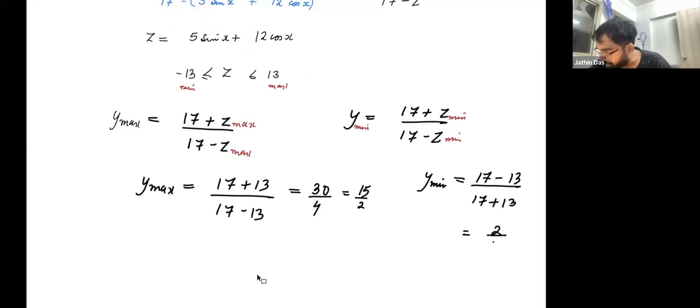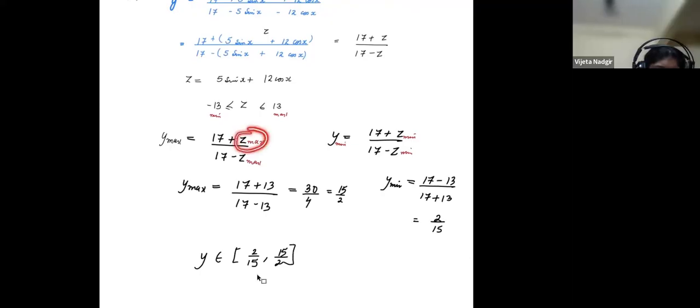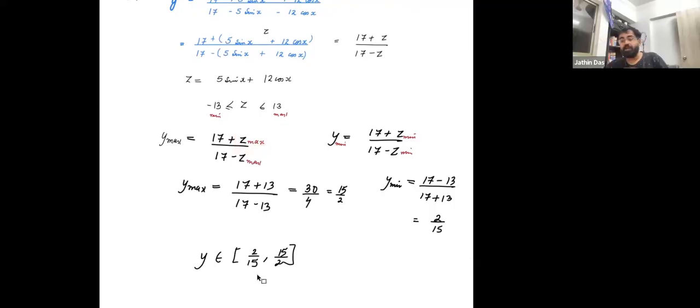So the range of y is between 2 by 15 and 15 by 2, both included. When you put this value, you're getting that value. It's not undefined. Got it?